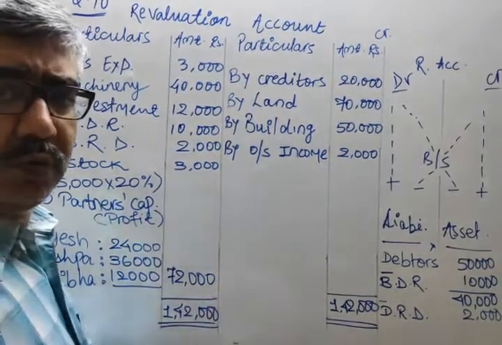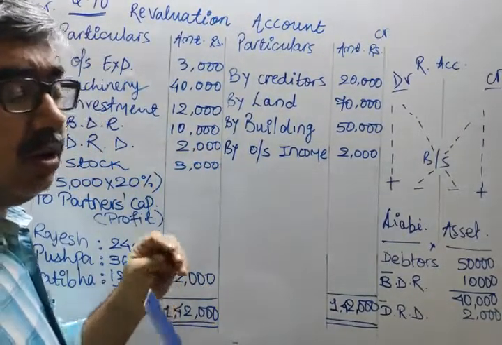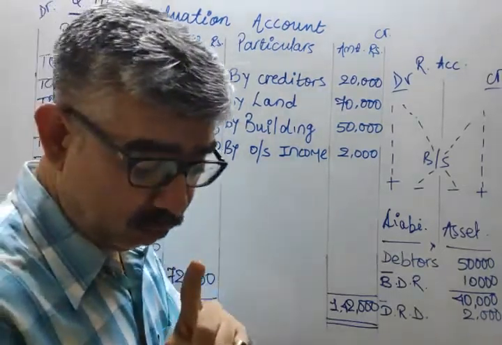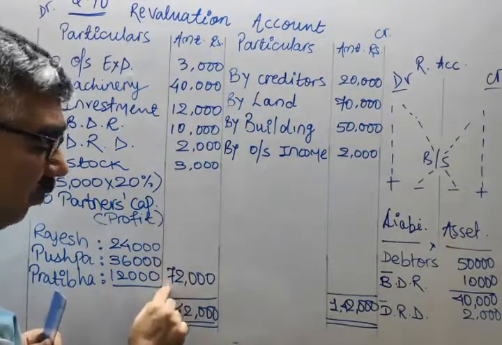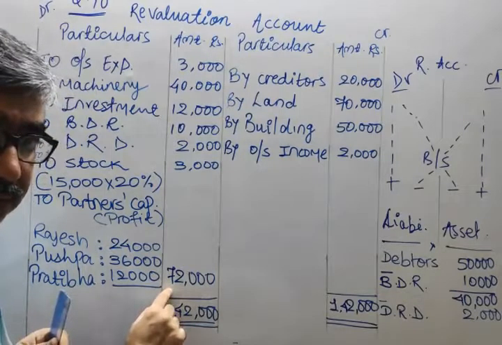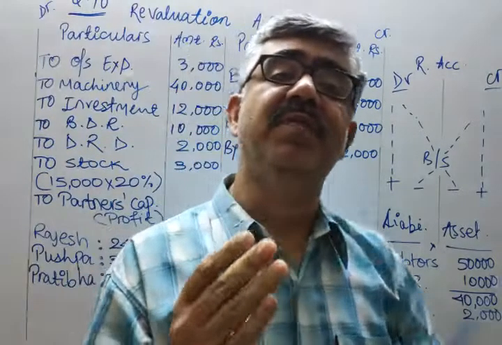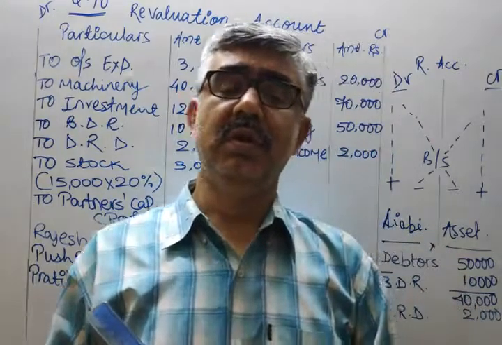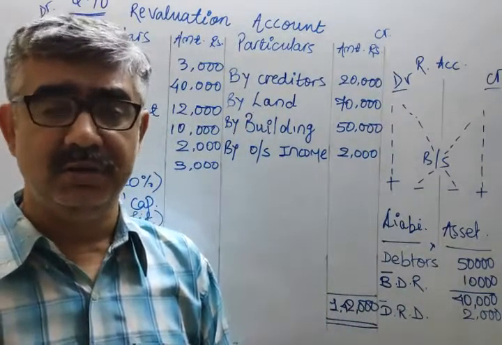Partners' capital is also 4,000 less overall because this is 4,000 less. The difference of capital account is transferred to balance sheet liability side because it is capital.